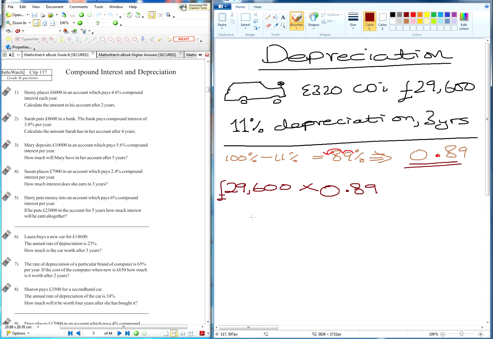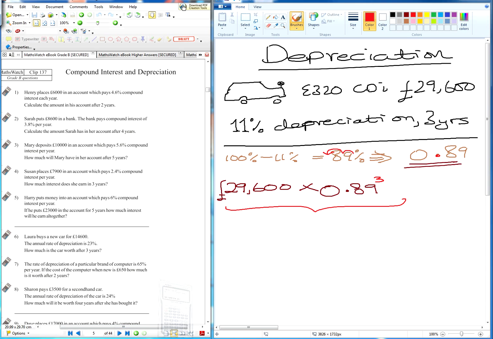Now that's working it out for 1 year, but we have to do it for 3 years. So where does the 3 go? It goes there, as the power. Because in a sense we're knocking off 11% and then doing it again and again, 3 times. So it's the same as multiplying by the multiplier 3 times. Are we happy with that? So that's the calculation we need to do.